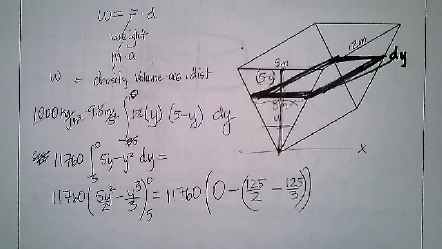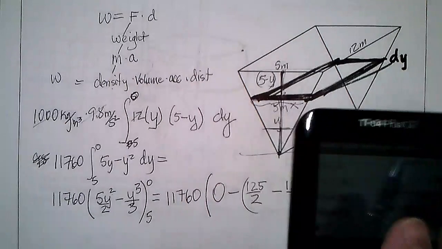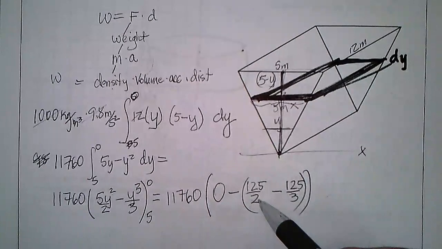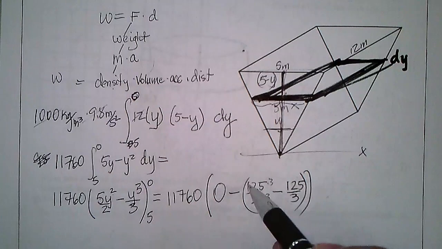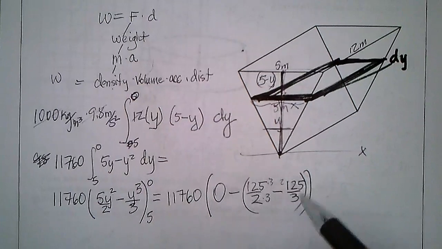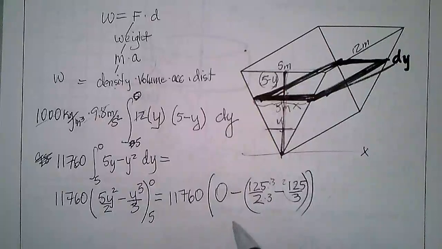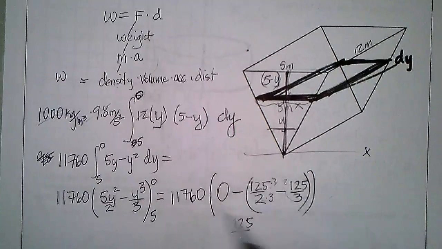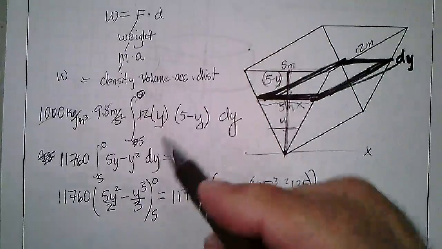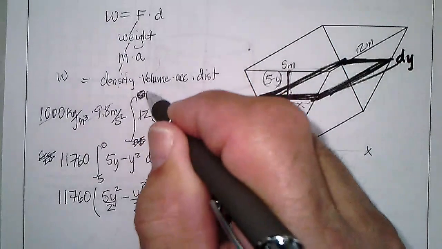And it looks like I should not have changed my limits around, because this is going to be more than this. So if I multiply by 3, I'm going to get 3 of these over 6 minus 2 of these over 6. So I'm going to get 125 over 6 for this. It would be minus, so I should have had my limits stay the way I had them to start with, 0 to 5.